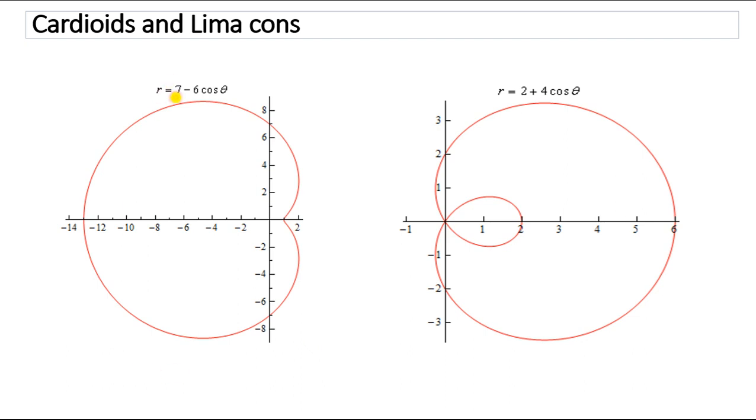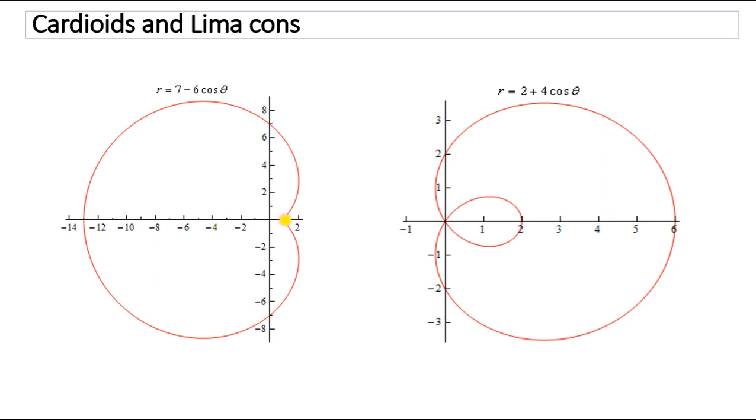If a greater than b: if theta is 0 the point is 1, if theta is pi over 2 the point is 7, if theta equals pi the point is 13, if theta equals 3 pi over 2 r equals 7, if theta equals 2 pi r equals 1.